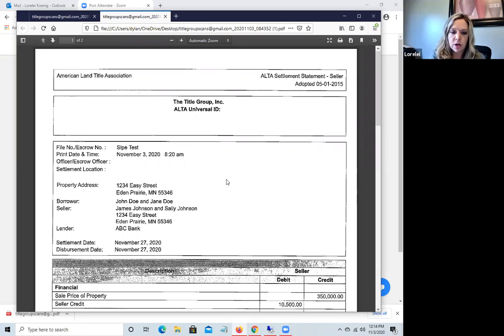The lenders are liable for getting that out 3 days prior to closing, 3 full days, not including the day of closing. So if you're going to close Friday, they need to have it out by Tuesday morning. So what you're talking about is they'll send it out to the buyer just to meet that 3-day requirement. Then they'll update it and make changes and send it to us.